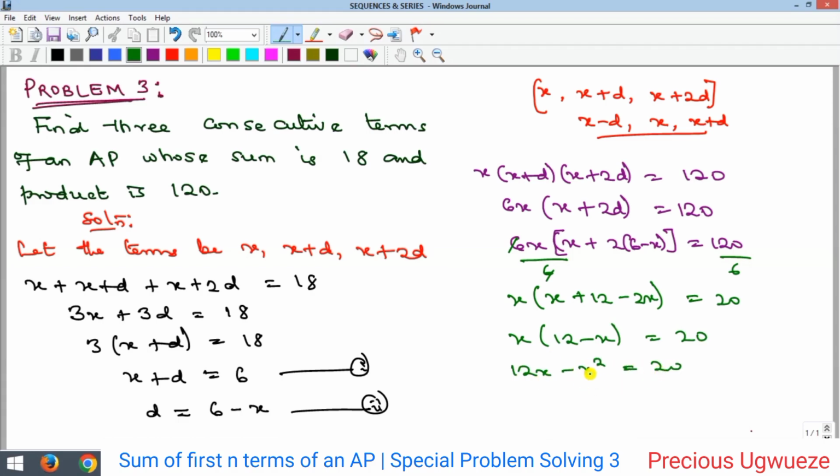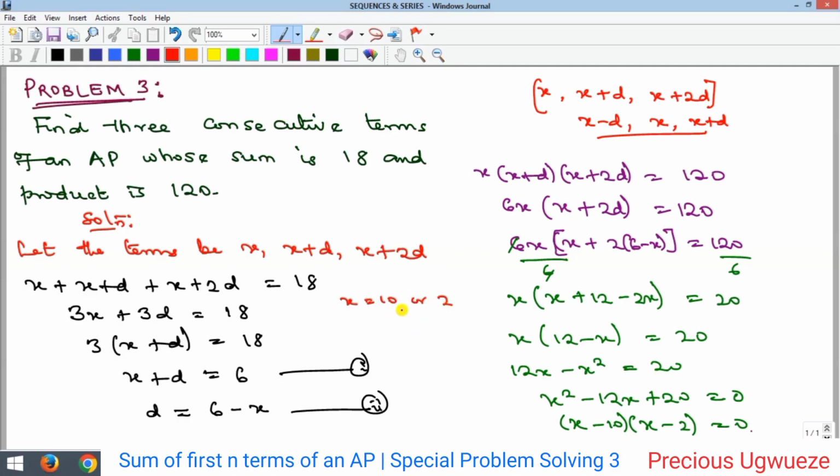If you take all of this to the right hand side, we're going to have x squared minus 12x plus 20 is equal to 0. So we need to solve this quadratic to get our solution. If we do that, we are going to have that x minus 10 and x minus 2 is equal to 0. You will need to check and confirm that that is true. If that is true, then it means that our x is equal to 10 or x is equal to 2.